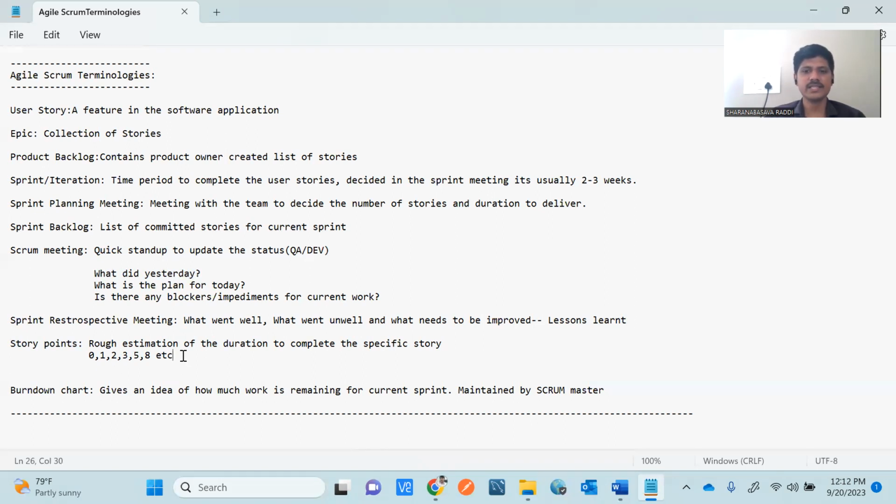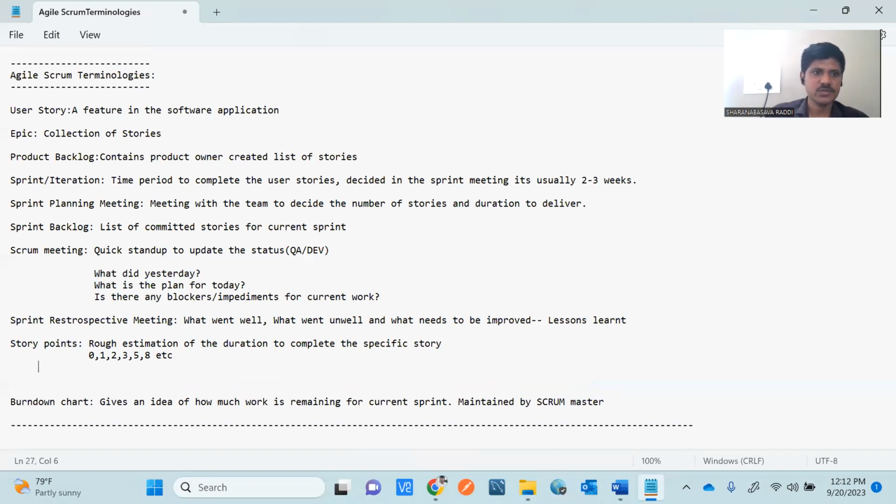For example, for story 1, the dev team may give 5 story points. As the QA team, I can give 3 story points, so that the dev team completes their work for this story within 5 days and the QA team completes their work within 3 days.